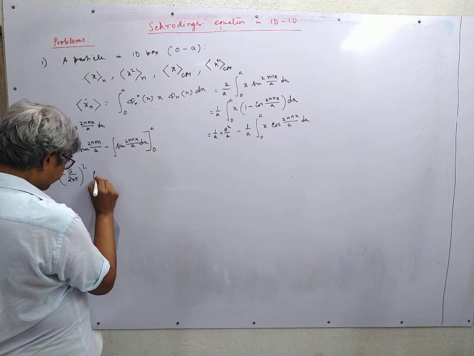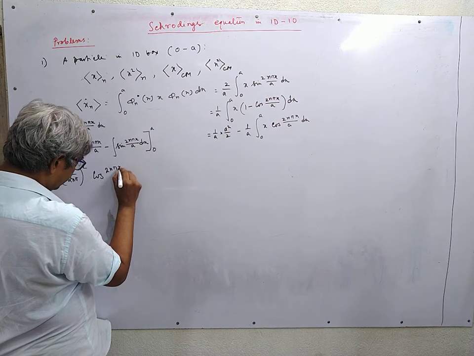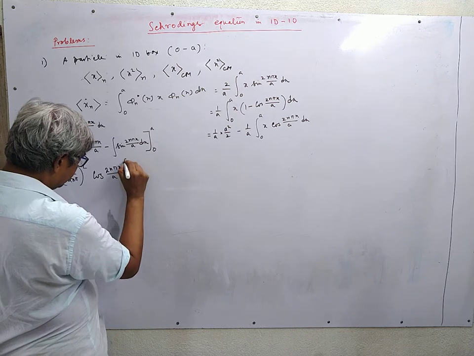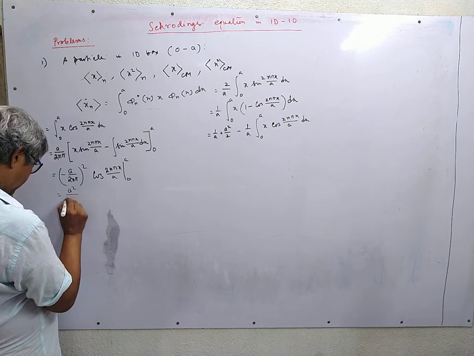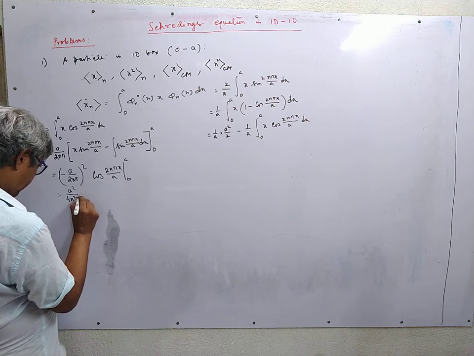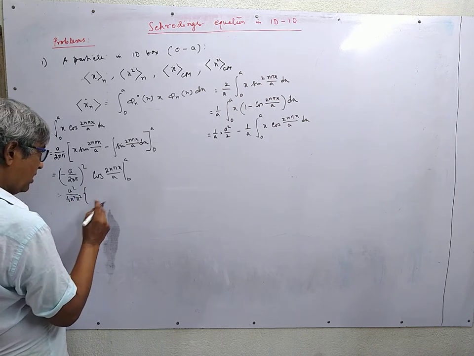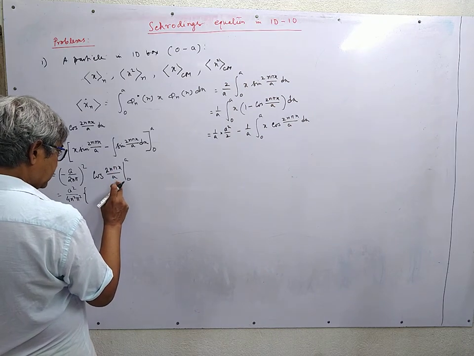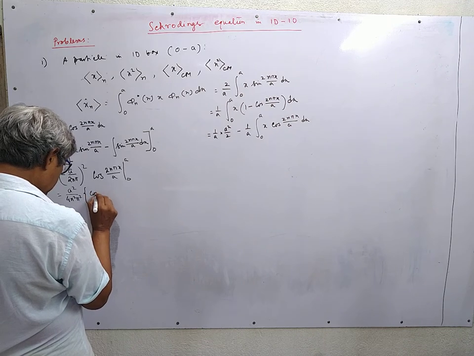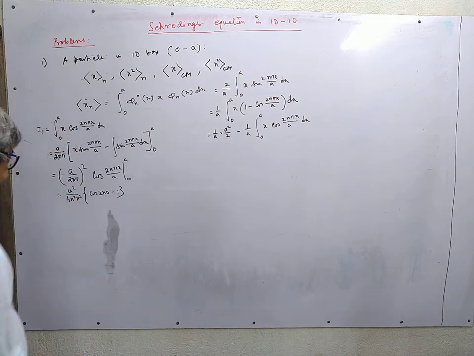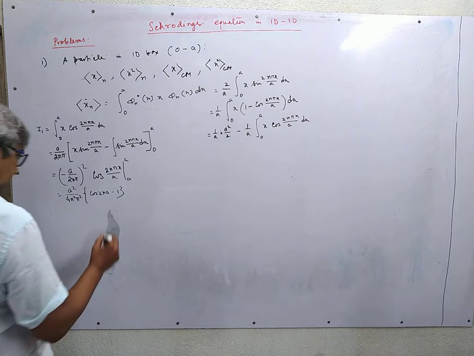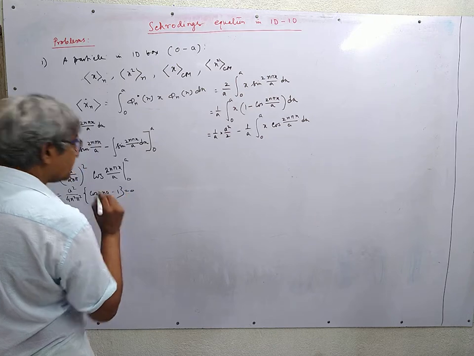Then cos of 2n pi x by a when x is equal to a is cos of 2n pi, which is 1, and cos of 0 is 1, so the result is 0.